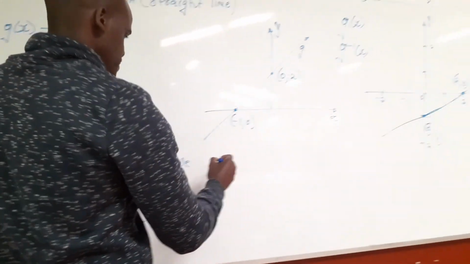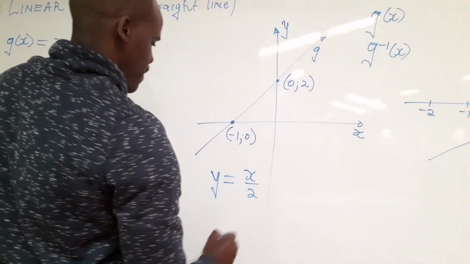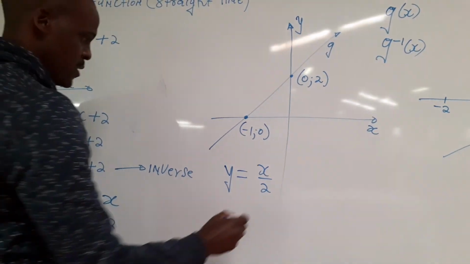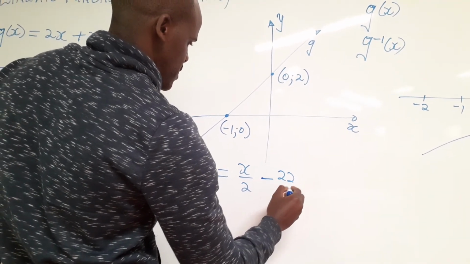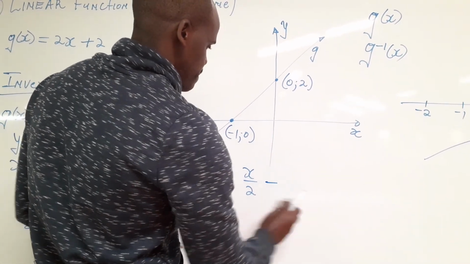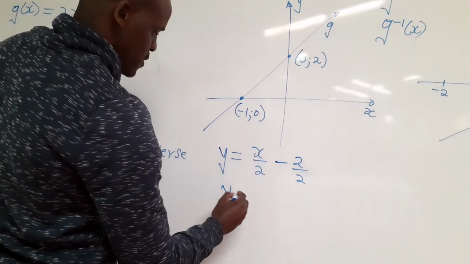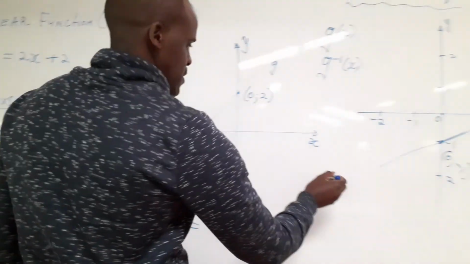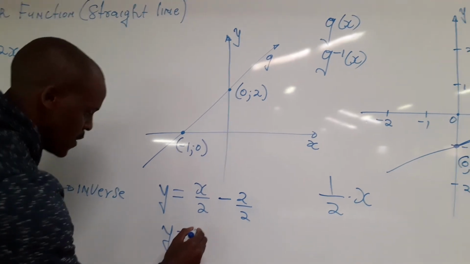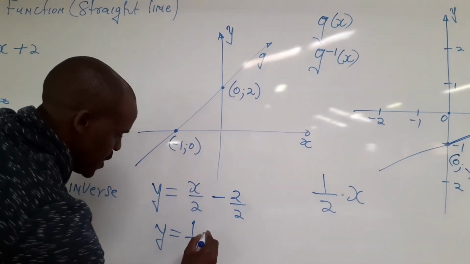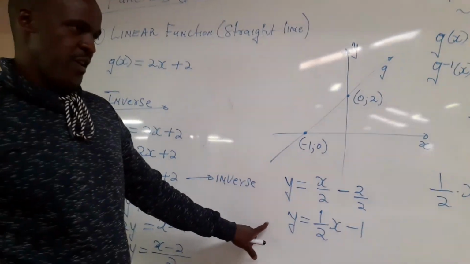This will be written as y equals x over 2 minus 2 over 2. x over 2 is the same as 1 over 2 times x. So this will be 1 over 2 x minus 1. This is the equation of the inverse.